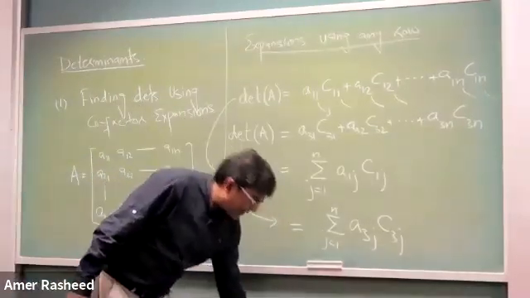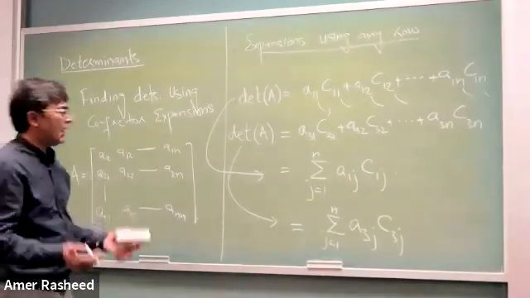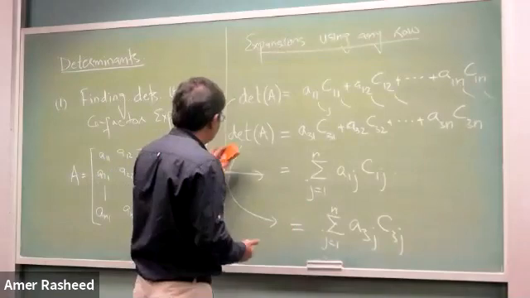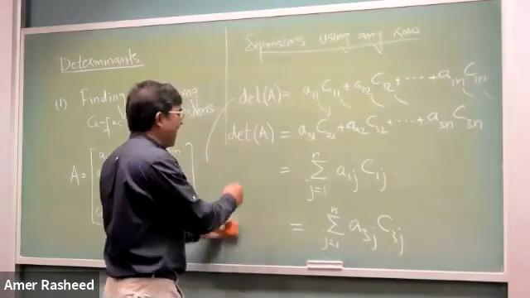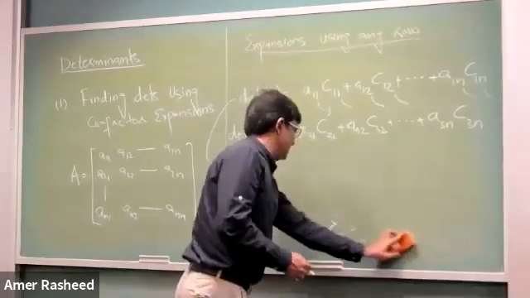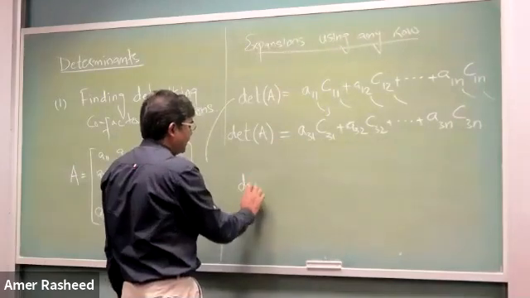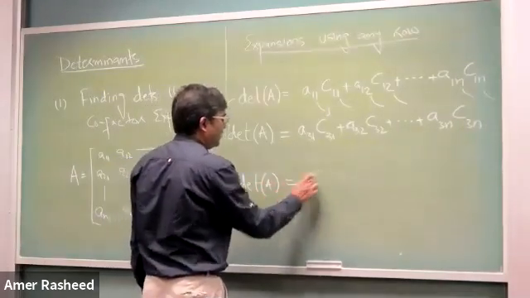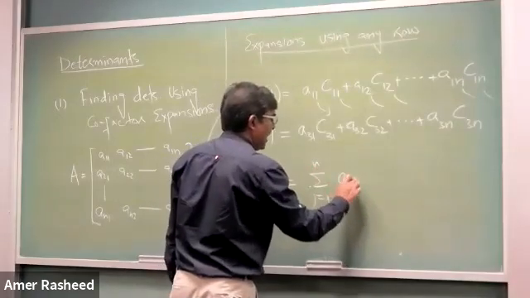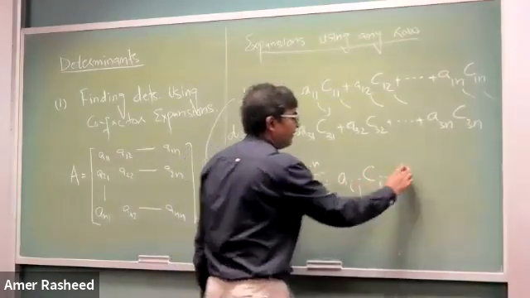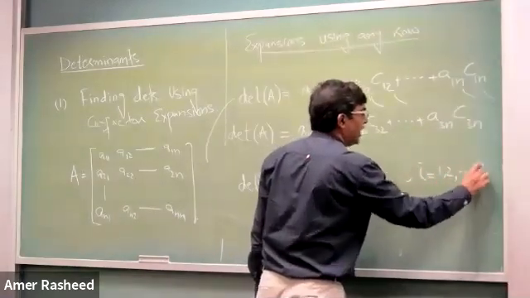And in general, if we want to write a cofactor expansion for any ith row, how do we write it? In that case, the determinant of A is equal to the sum over j from 1 to n of Aij Cij, where i is fixed. i could be 1, 2, 3, and so on, up to n.